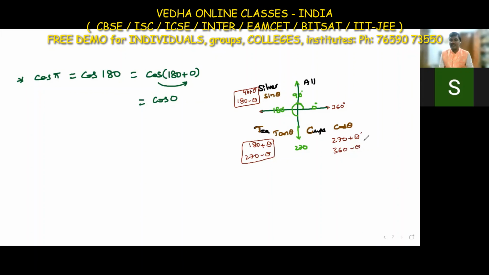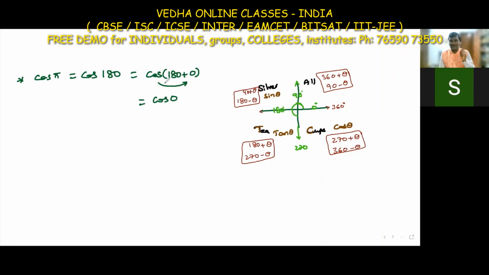In this quadrant, if it is more than 360, then it is 360 plus theta, or less than 90, that is 90 minus theta. So observe carefully: anything greater than 360 and less than 90 is in the first quadrant.